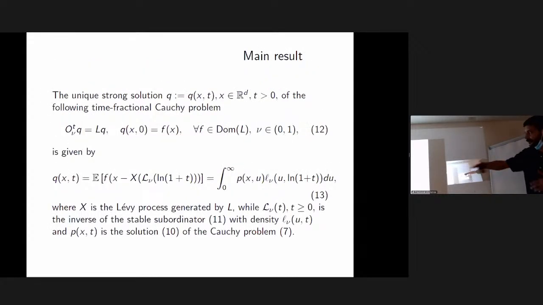This is the main result, where the role played by the Hadamard fractional derivative is a logarithmic time scaling, because the stochastic solution of a fractional Cauchy problem is given by representation 13, where you have the density of the inverse of the stable subordinator, and you have another deterministic time scaling, which is logarithmic due to the Hadamard.